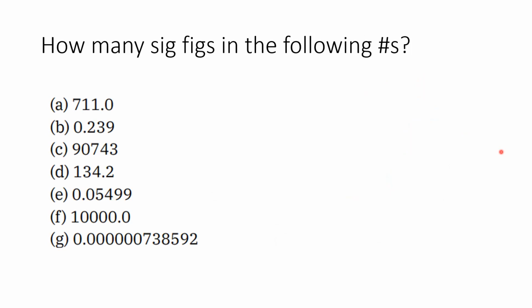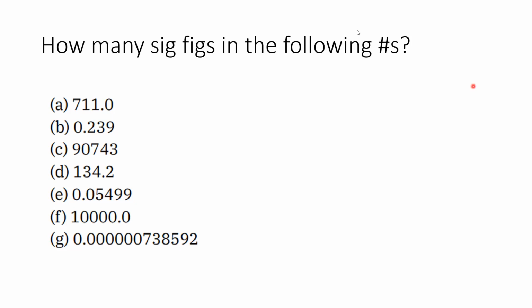Anything 1 through 9 is always significant. A 0 in between 2 non-zeros is always significant. A 0 at the end of a decimal is always significant, but a 0 at the start never is. So see if you can use that information to identify in these different examples how many significant figures are going to be present.